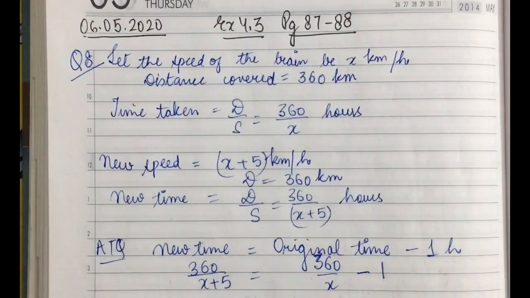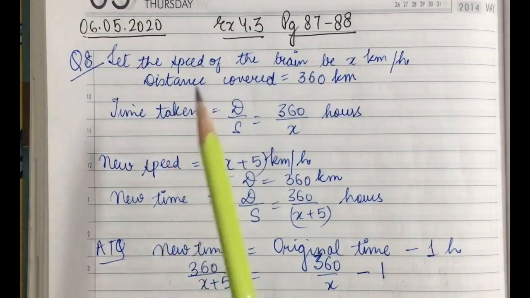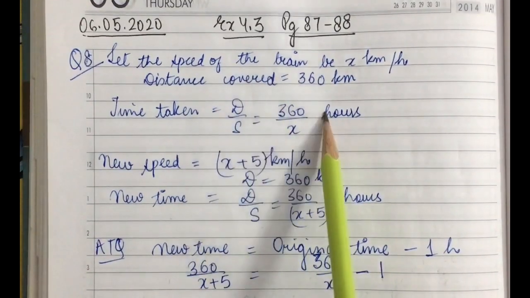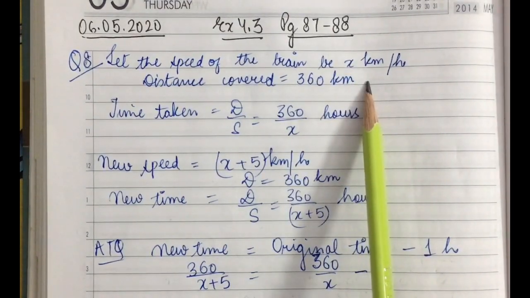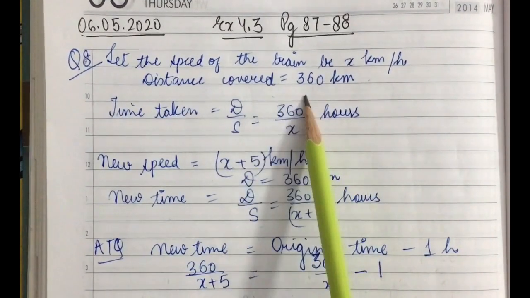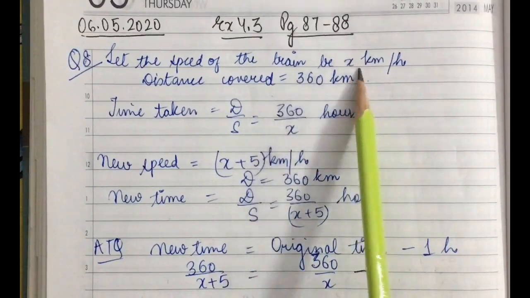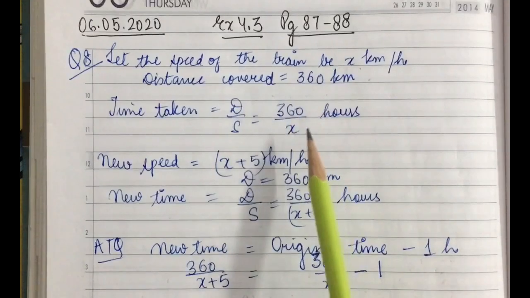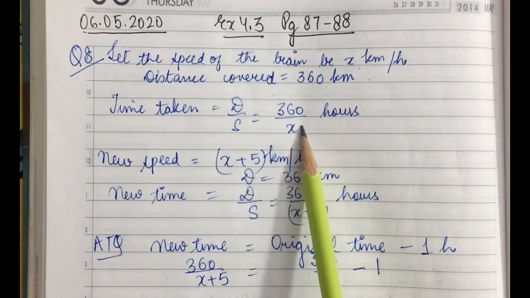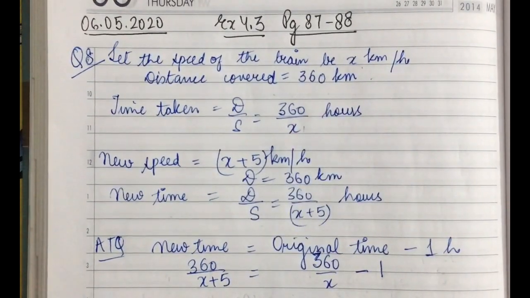So going over once again, you have been given that a train covers 360 kilometers with some speed. We assume that the speed is x. The distance covered is given as 360. Using the speed we assumed and the distance given in the question, we calculated the time taken by the train as 360 by x hours.